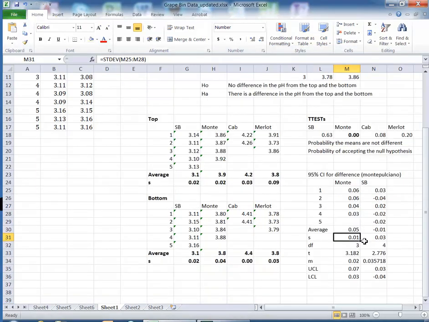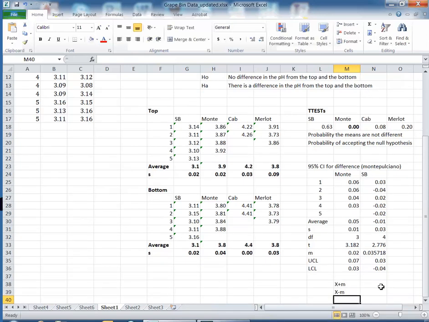Then we can do the confidence interval using the formula x bar plus and minus a margin of error, the margin being the t value times the standard error, being the standard deviation of the sample divided by the square root of the sample size. T we get from a table, and we find the degrees of freedom, which is the sample size minus 1.